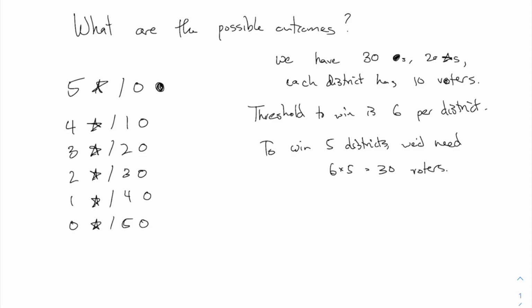All right, but we only have 20 Stars, so that means the Stars cannot win all 5 districts. So that means on my little list on the left there, this is impossible, right? The Stars cannot win all 5. Can the Stars win 4 of them?